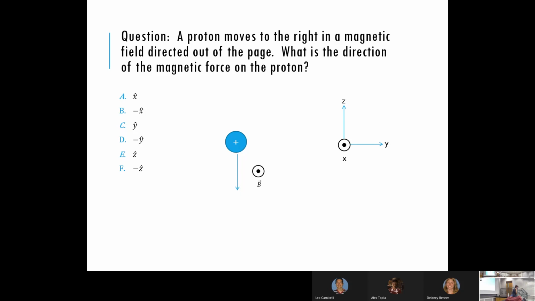What path? You can describe the path to me when the force is perpendicular to the direction of motion. But what's the path look like?